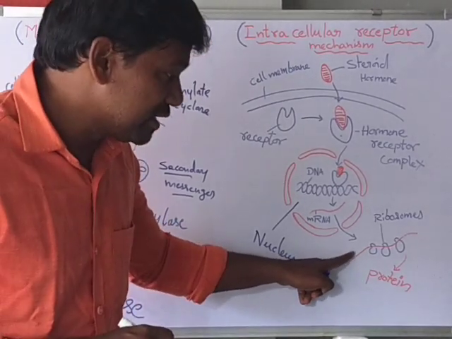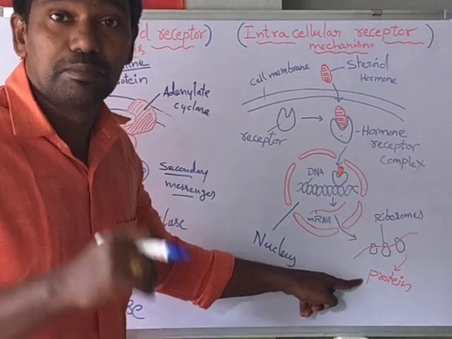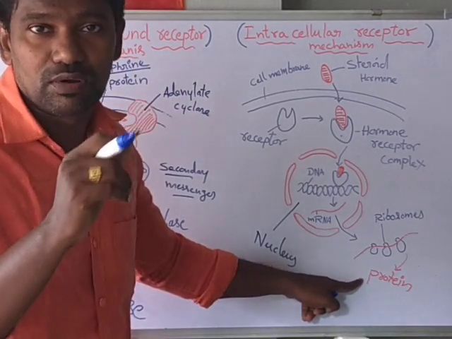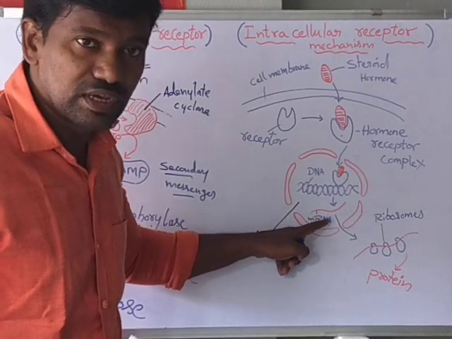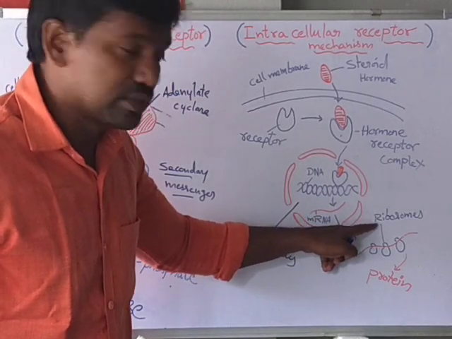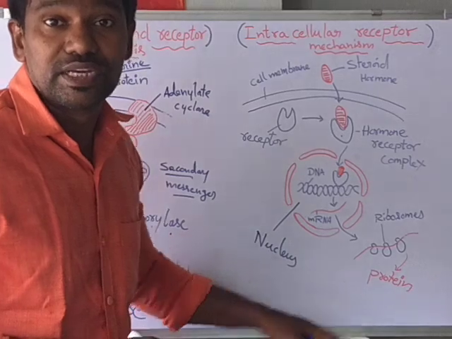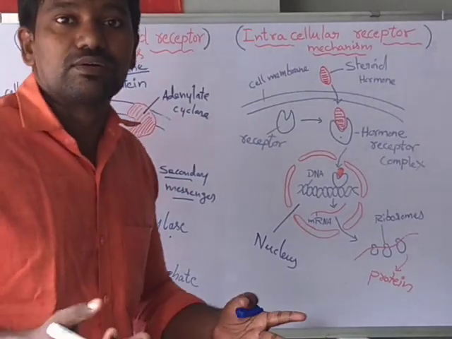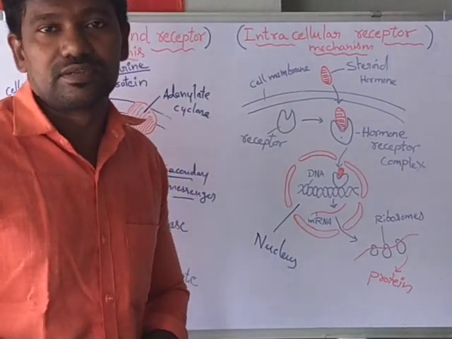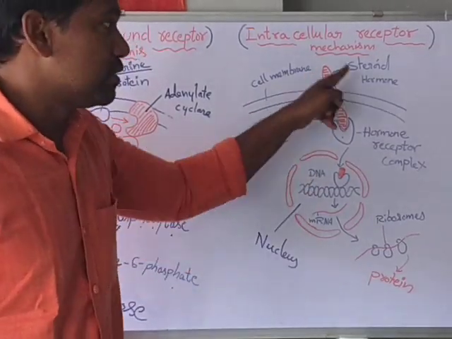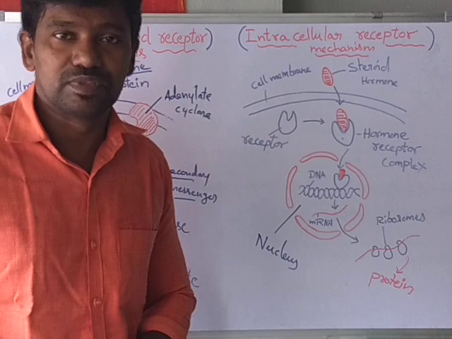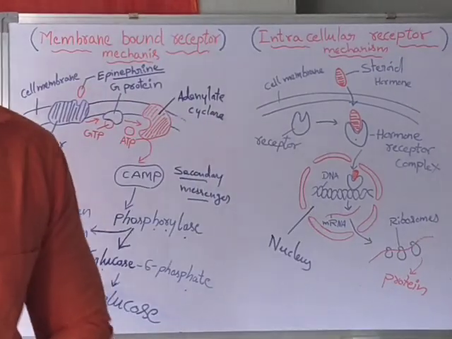So the mRNA is used to produce a protein. That is called translation. After the transcription, the mRNA is produced, then it joins with the ribosomes and forms polypeptide chains, nothing but proteins. Okay, so like this cell activity is controlled by the steroid hormones. Okay, this is about hormonal action.